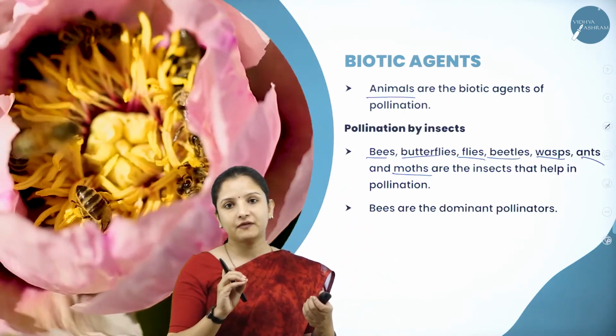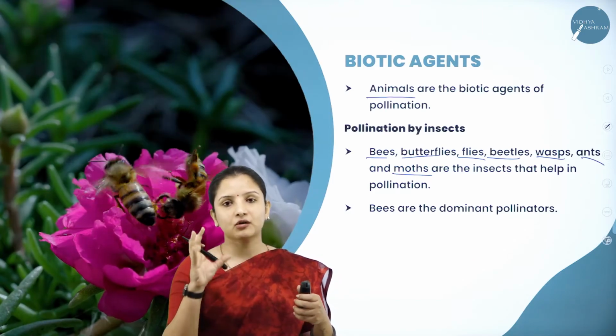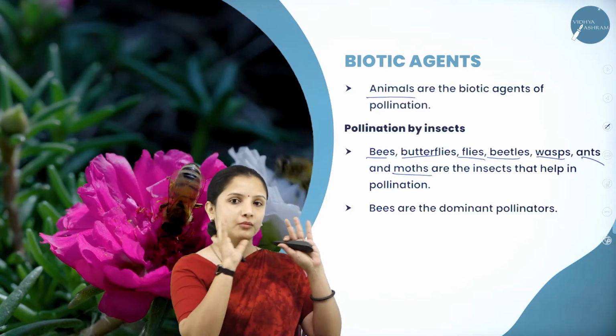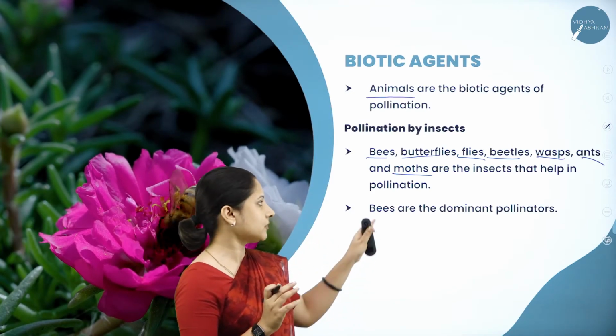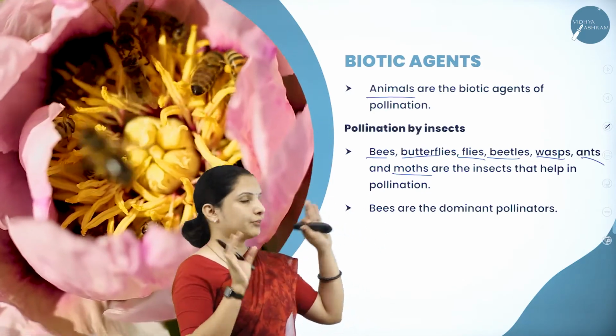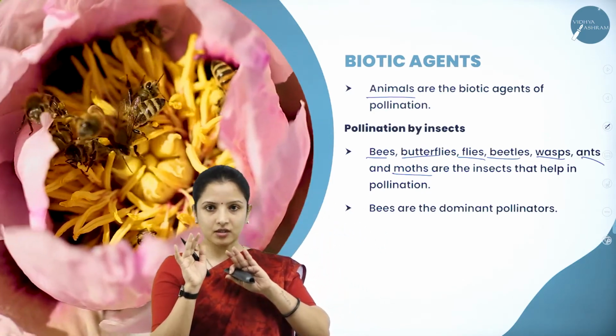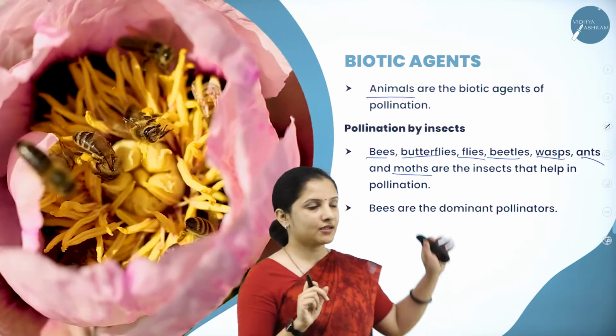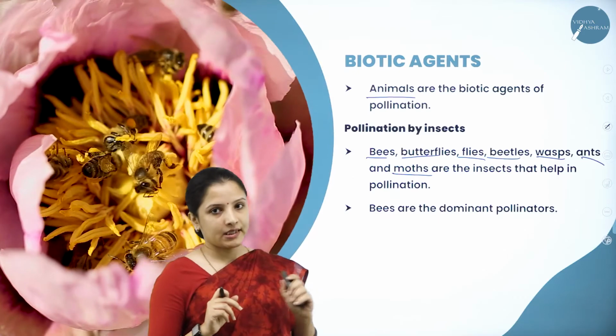When they visit the flower, the pollen grains will stick on their body, their antenna, their legs, their thorax, or whatever region of the body. And when they visit another flower to feed on the nectar, they deposit the pollen grain in that particular flower. So that is why bees are the dominant pollinators when compared to all the other insects.